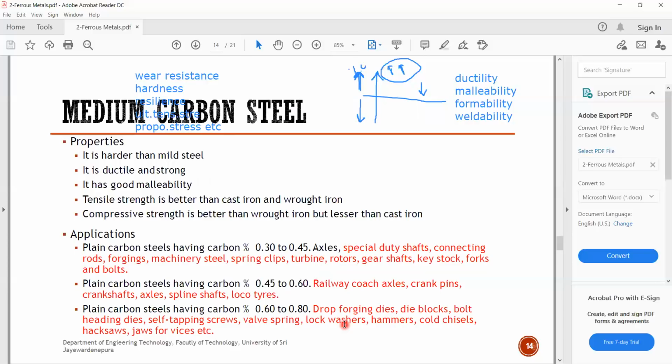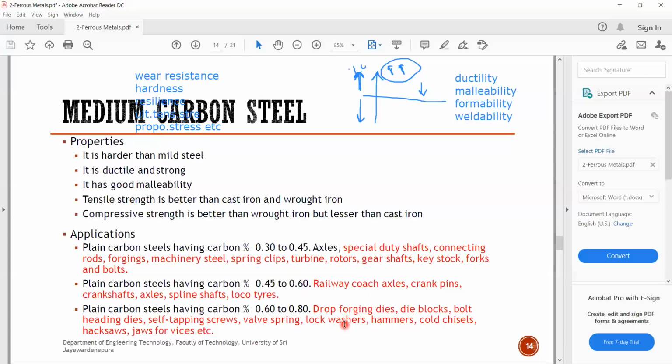They can be heat treated to improve the strength. Normally we do the heat treatment process to improve the properties of the metal, right? In the case of low carbon steel, you cannot use the heat treatment process, you can only do cold working.